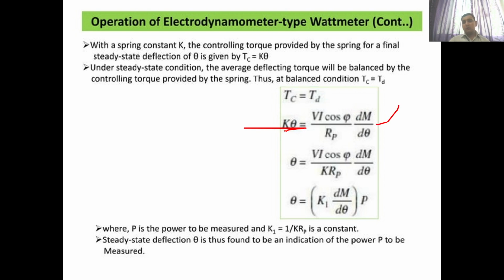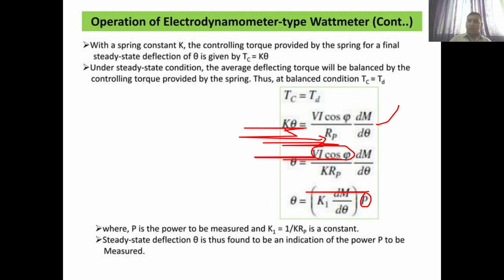Here VI cos phi is the active power P, so we write P outside the bracket, with the remaining value 1 upon K Rp.